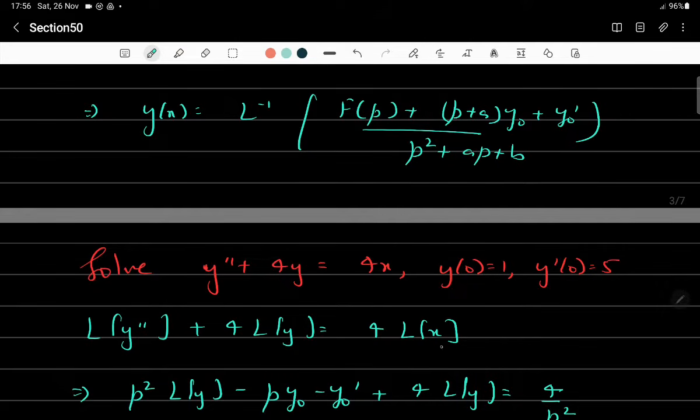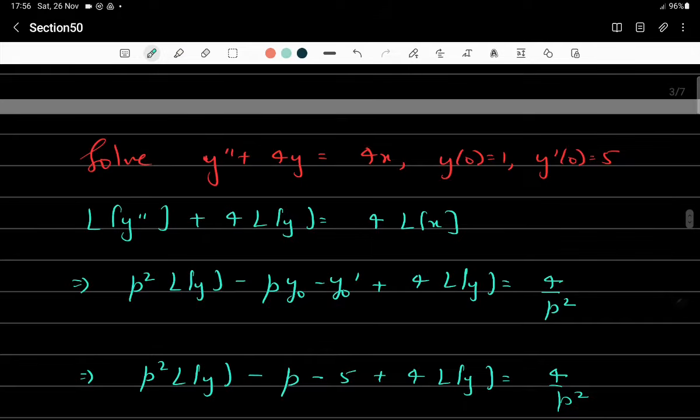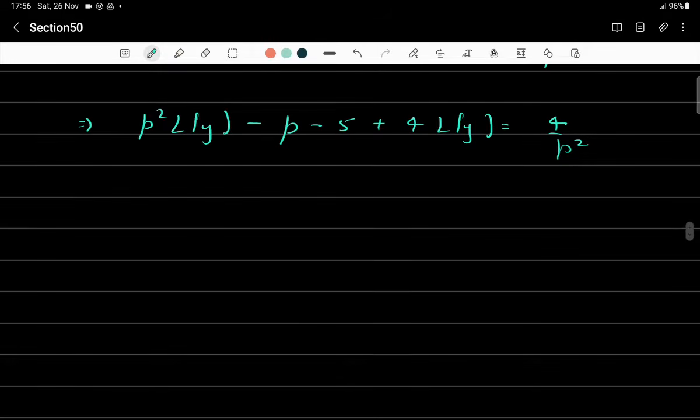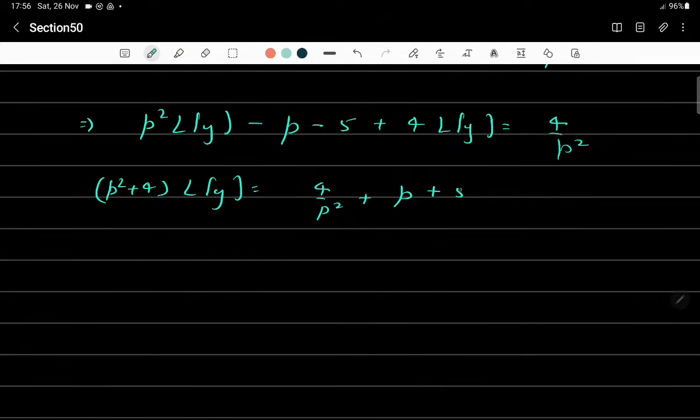Also remember that on the right hand side I have 4x, so Laplace of x is 1 by p square. So I keep L of y on this side, I take p plus 5 on that side, and p square plus 4 is common to L of y. That's why it becomes p square plus 4 times L of y equals 4 by p square plus p plus 5.